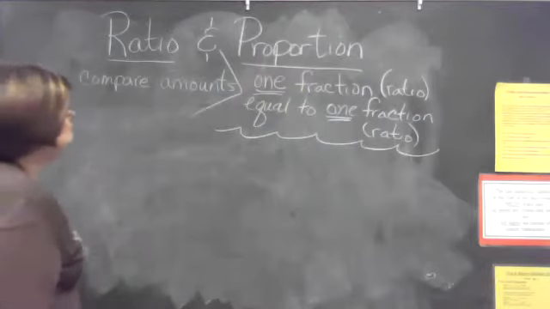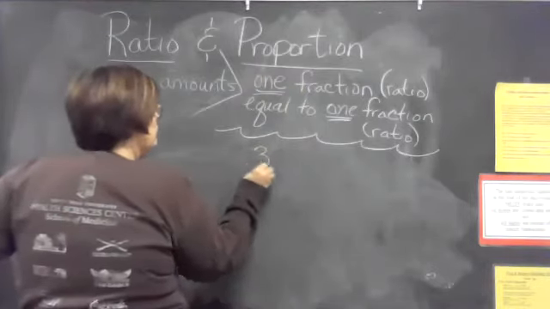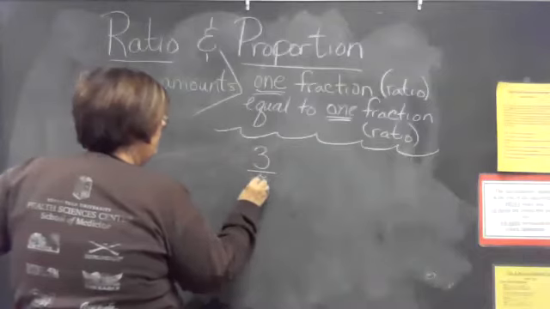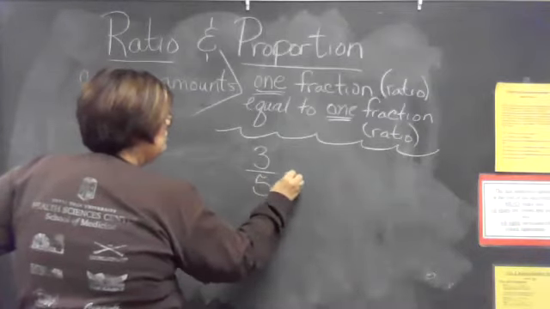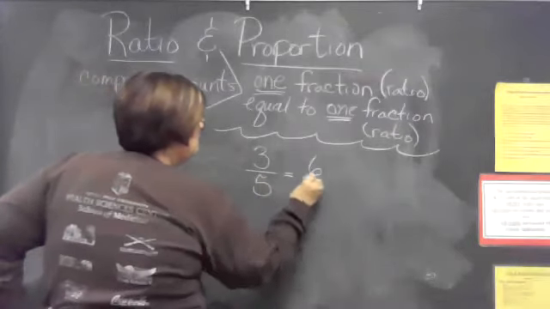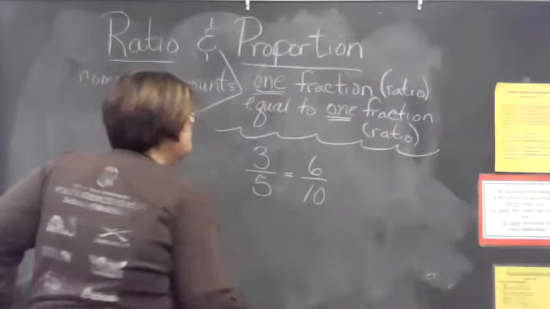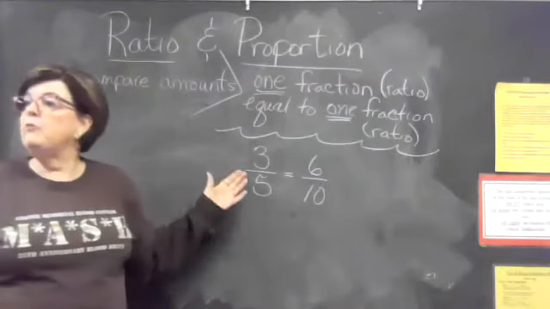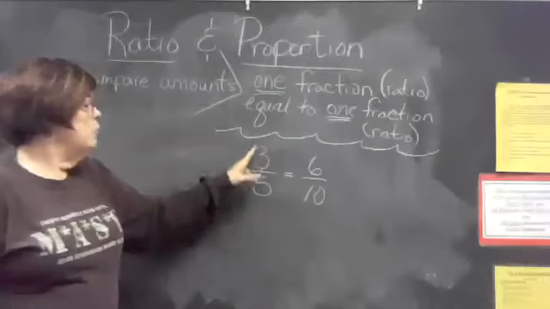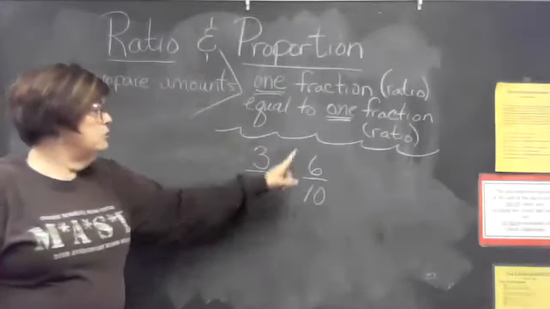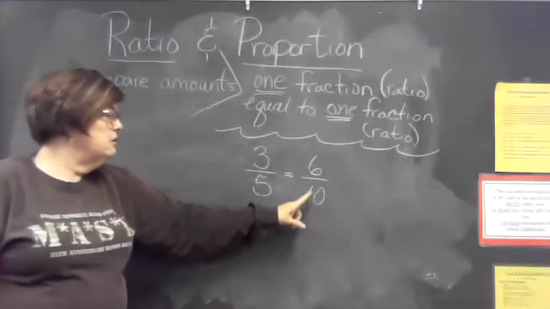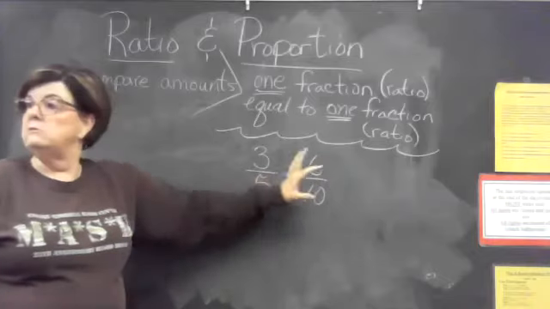Here's an example. 3 to 5 equals 6 to 10. This is an example of a proportion because it has one fraction equal to one fraction, nothing extra.